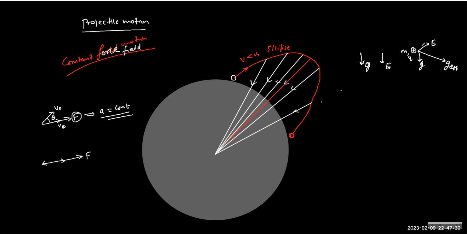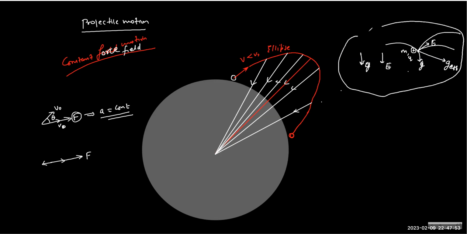Then I will check everything as per the G effective, and it will have a trajectory like this, or whatever. So the questions you can expect from projectile motion are not only with G, it could be either G or E or a combination of both. So this is the generalized picture.